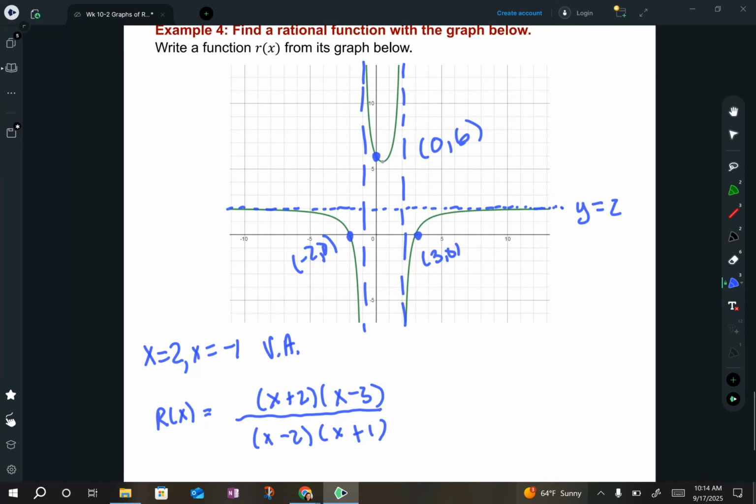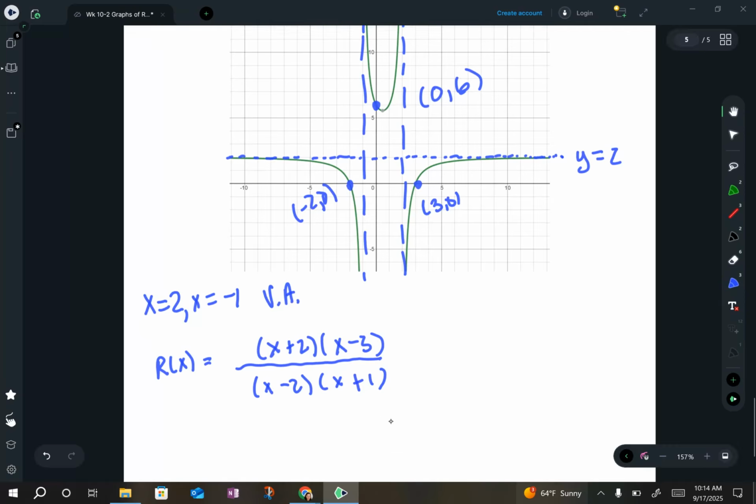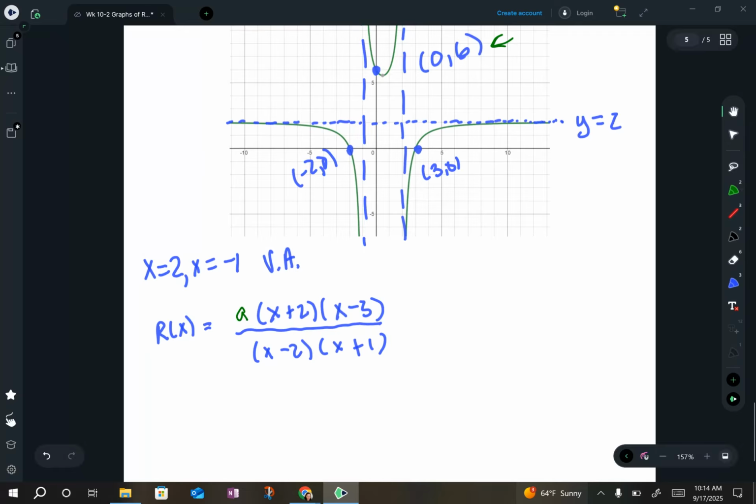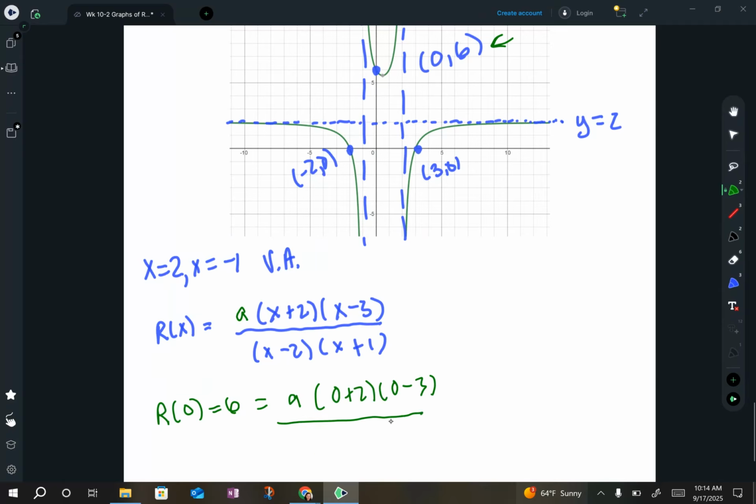So I'm actually going to do that one first. Let's go ahead and work on the vertical intercept first, and then we'll see what happens with the horizontal asymptote. The way I find that is I'm just going to put an a in here since I don't know what that coefficient is, and I know that r(0) has to be equal to 6 because the point (0, 6) is on the graph. So that means a times (0 + 2)(0 - 3) over (0 - 2)(0 + 1) has got to be equal to 6.